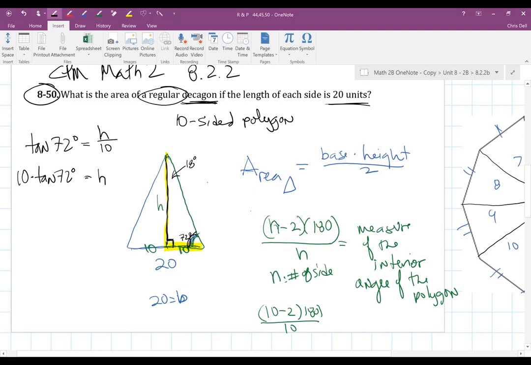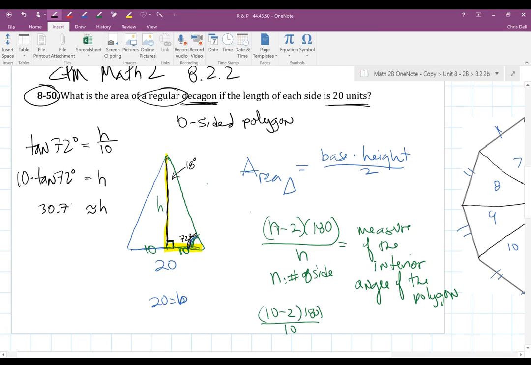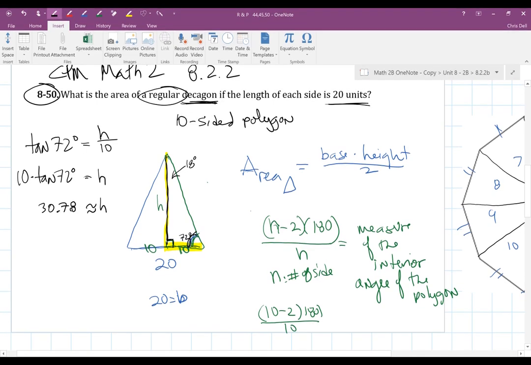Bring out your scientific calculator: the tangent of 72, then times 10. We get approximately 30.78. So that's my height.